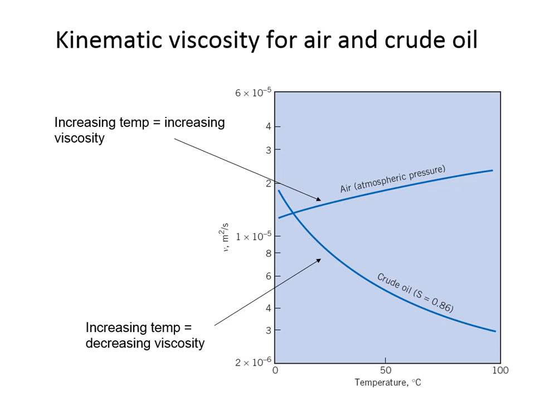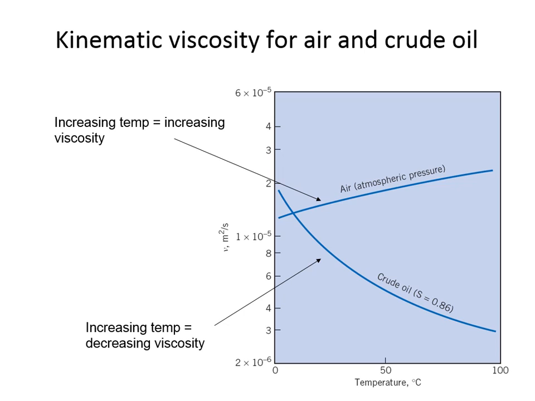And so what we would expect, the typical behavior of hot oil, as you increase the temperature, the viscosity decreases, meaning that it's going to deform more easily under an applied shear stress. But the air, as the temperature increases, so does the viscosity.